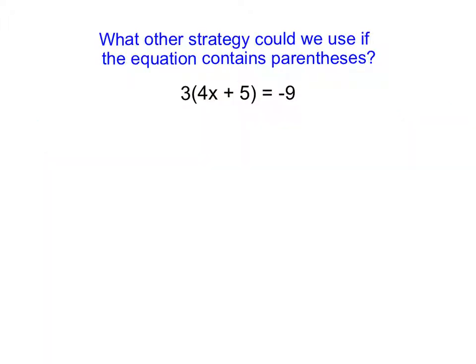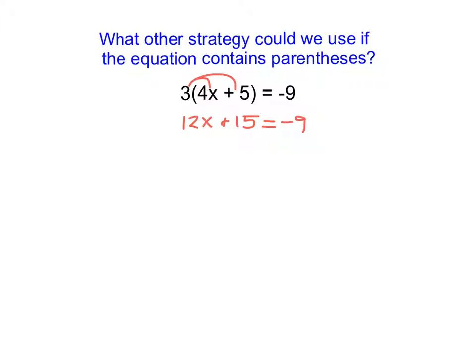The last thing I want to talk about is another strategy that we could use if the equation contains parentheses. You should be familiar with that concept called the distributive property. And so if your brain was suggesting to you that you distribute the 3 to both the 4x and the 5 to get 12x plus 15 is equal to negative 9, that would be an okay step too.